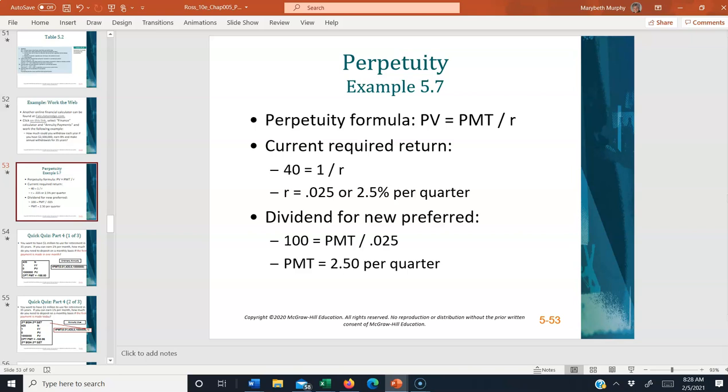So 40 equals 1 divided by R. If we calculate that out, R is equal to 2.5%. If we were giving a dividend for new preferred stock, we would take 100 is equal to the payment divided by 0.025, and that should give us $2.50 per quarter.